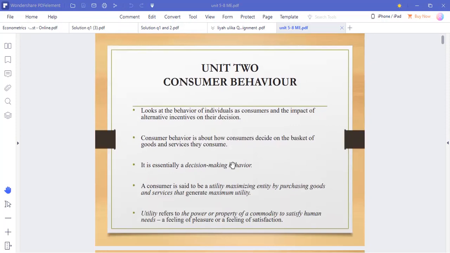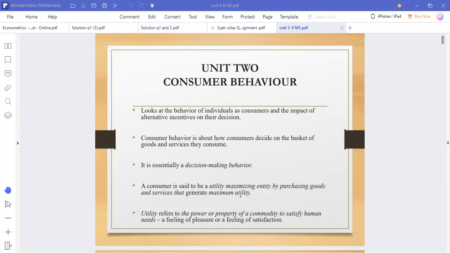We're going to look at in this unit behavior of individuals as consumers and the impact of alternative incentives on their decisions. We'll look at consumer behavior and how the consumers decide on the basket of goods and services they consume subject to constraint, which is their budget.